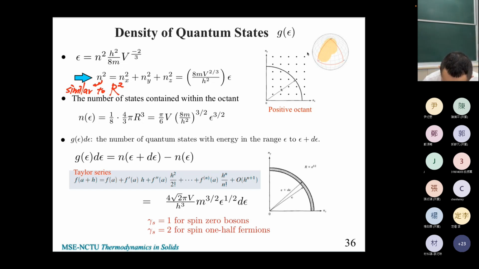So this region, and you can imagine how many points within this yellow volume, indicating how many quantum numbers inside.